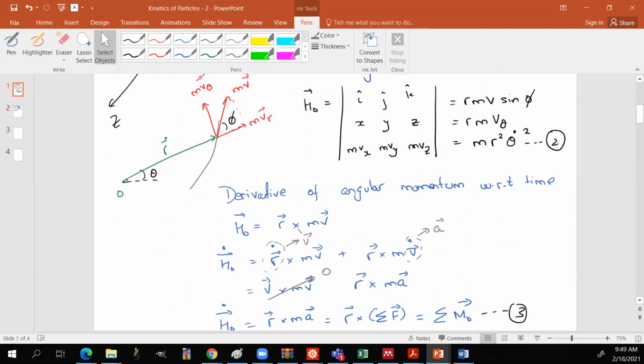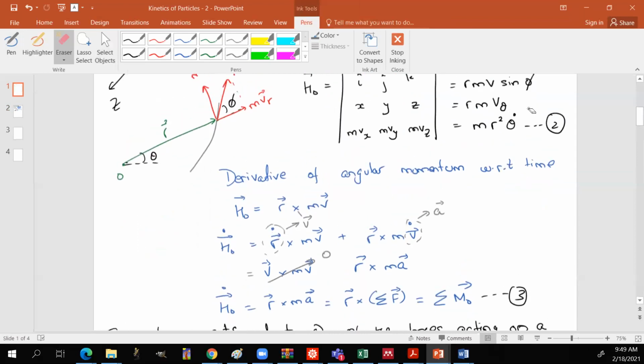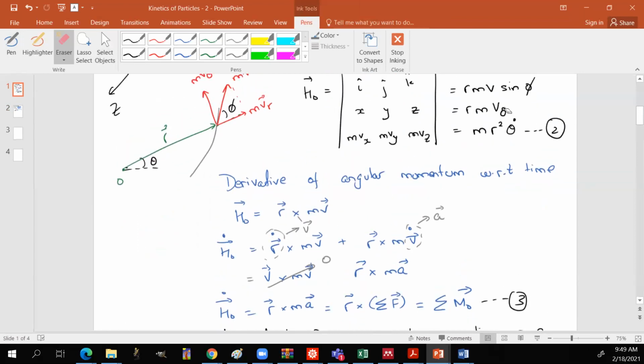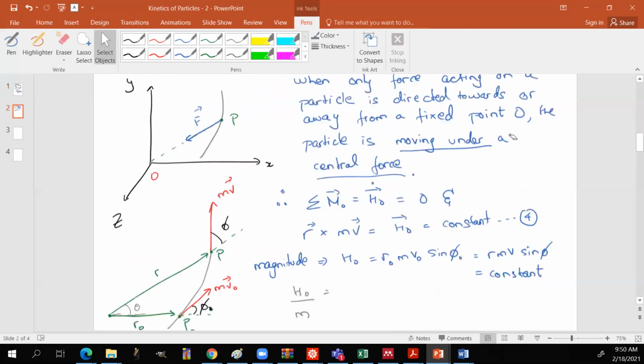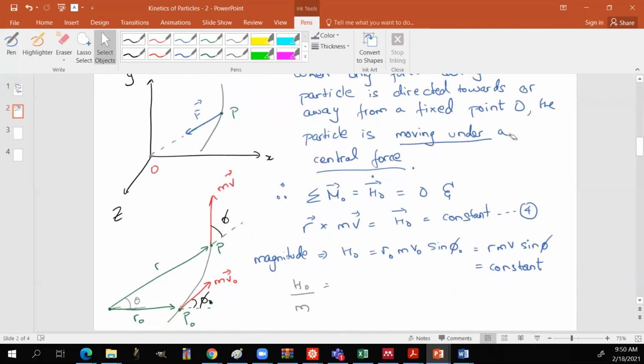It should be M r squared theta dot, not theta naught squared. All right, so it's just theta dot, right? Because we know v theta is just equal to r times theta dot. R becomes squared because you have 2 r terms, and then you're just left with the 1 theta dot term in there, right?